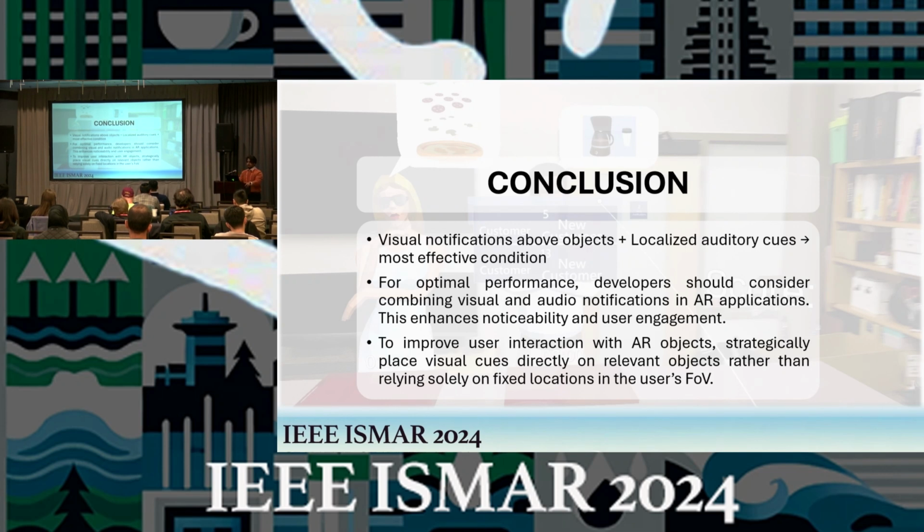And of course, having the notification above the object rather than in the field of view or in one single position, it is preferred to have it in context. So don't have all the sounds playing in the same position. Have them separated so that that itself gives you some type of information, like the location of the notification.